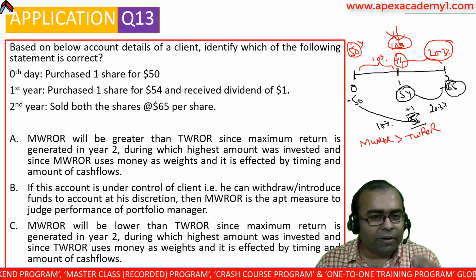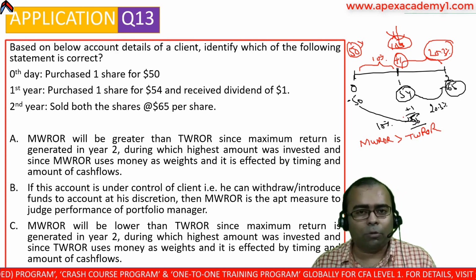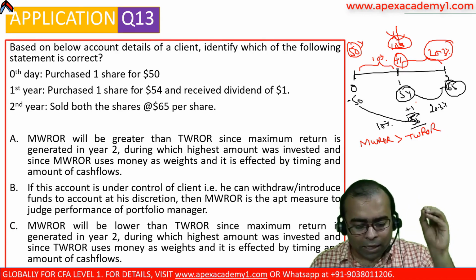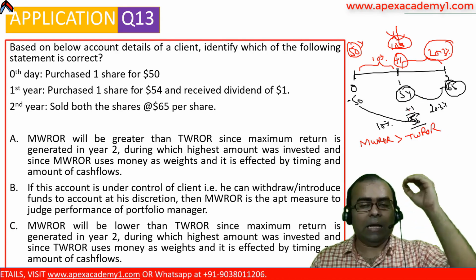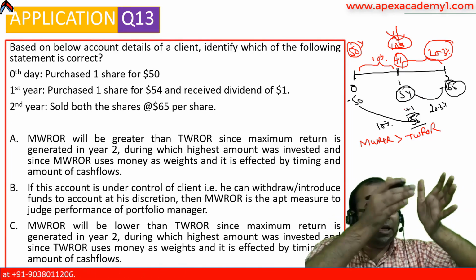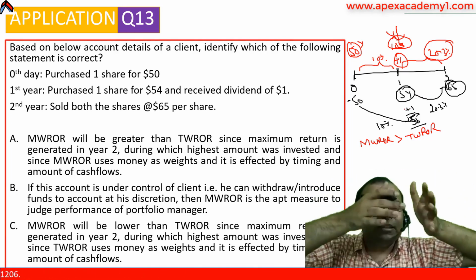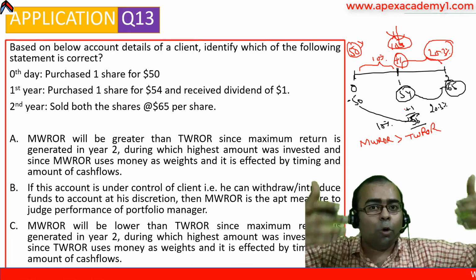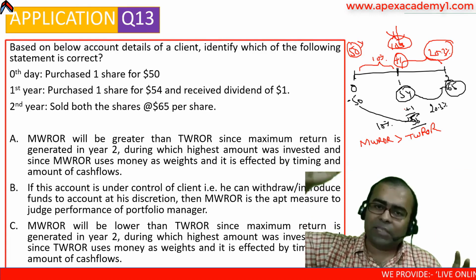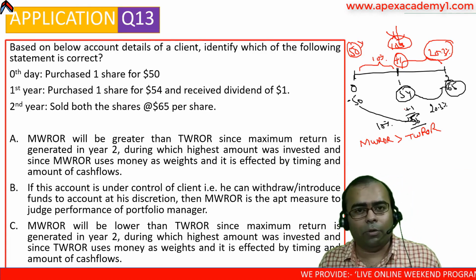So this question effectively does not require any calculation. It only requires you to apply common sense: if the period at which my investment is maximum is followed by superior returns, this will pull MWROR upwards and MWROR will be greater than TWROR.